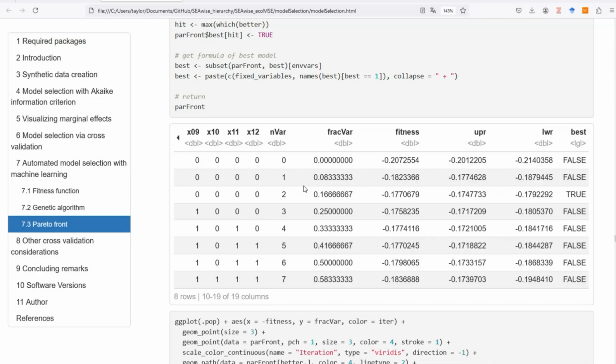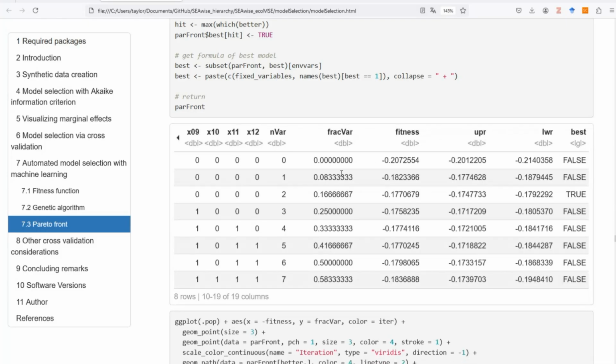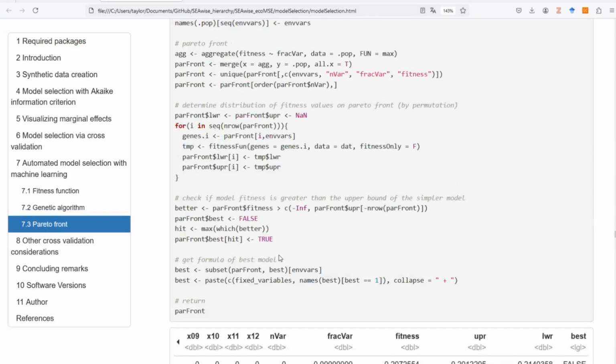For the one parameter model, it included only x01, and for the two parameter model, which was the best one, we had 01 and 03, which were the coefficients that were actually the true ones in this example. And then they get more and more complex.